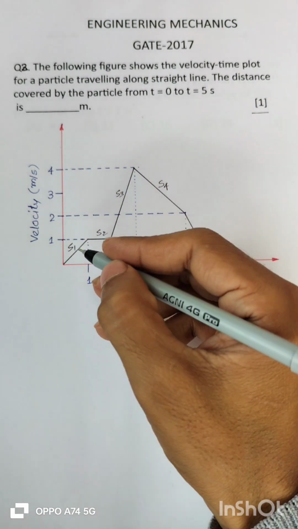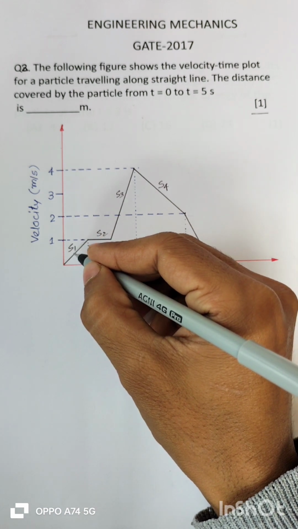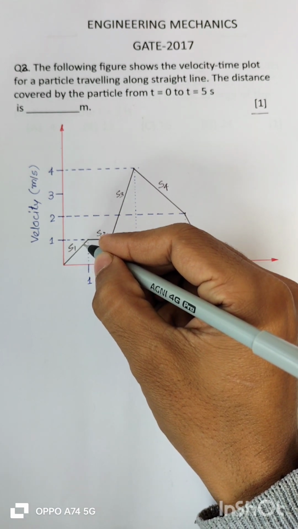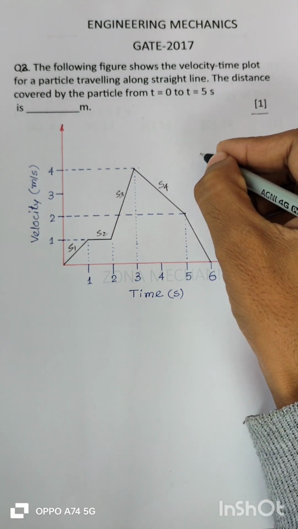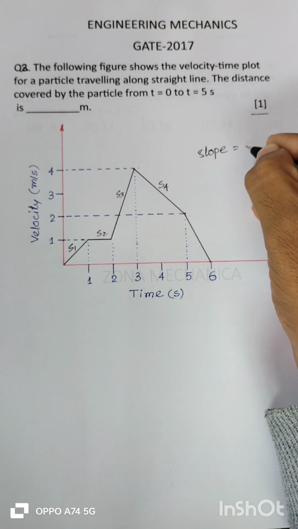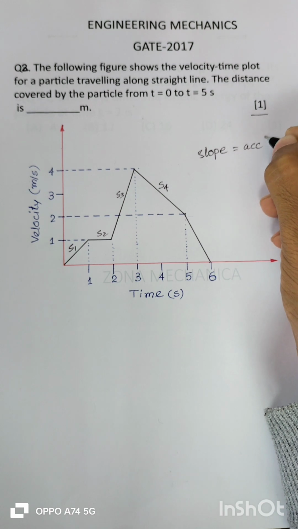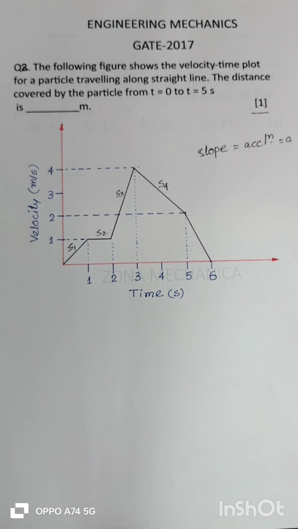As you know, the slope of the velocity time plot indicates the acceleration of the particle. So I am writing here slope is equal to acceleration. Let A be the acceleration.